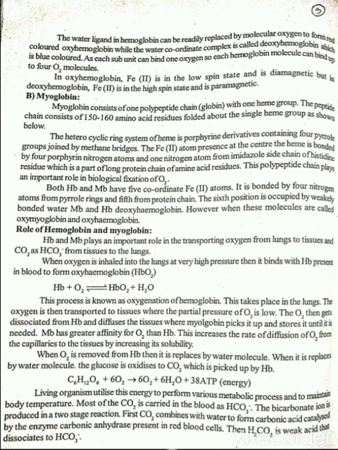Most of the carbon dioxide is carried in the blood as carbonic acid and bicarbonate. The bicarbonate ion is produced in a two-stage reaction. First, carbon dioxide combines with water to form carbonic acid, catalyzed by an enzyme called carbonic anhydrase present in the blood cell.